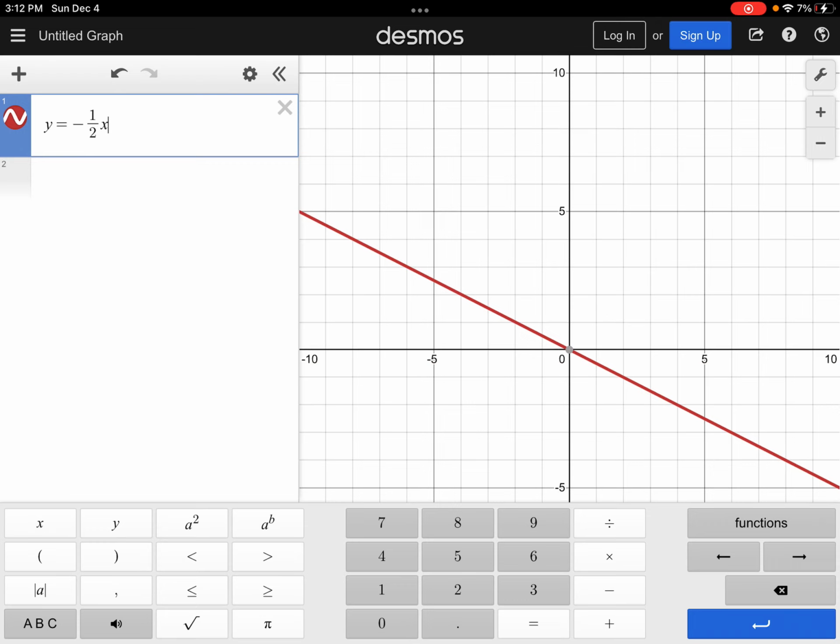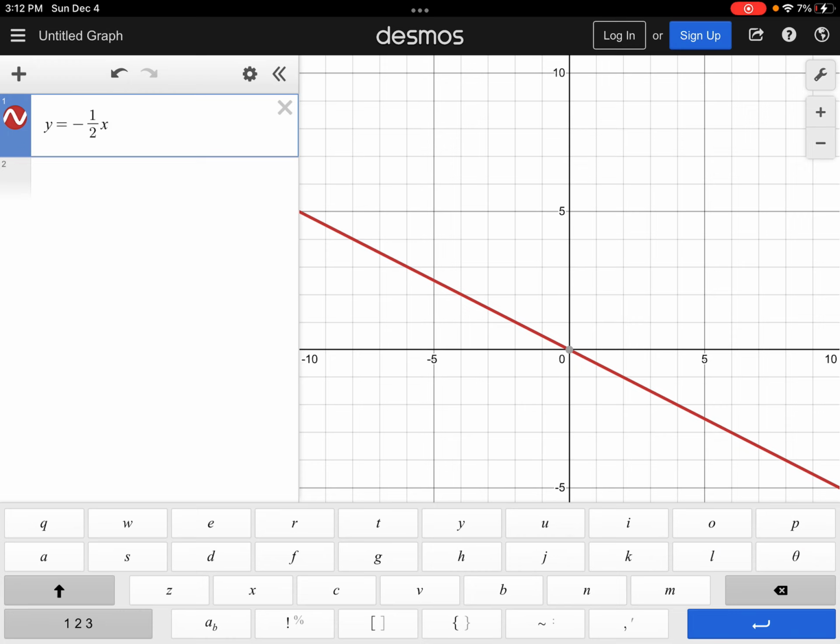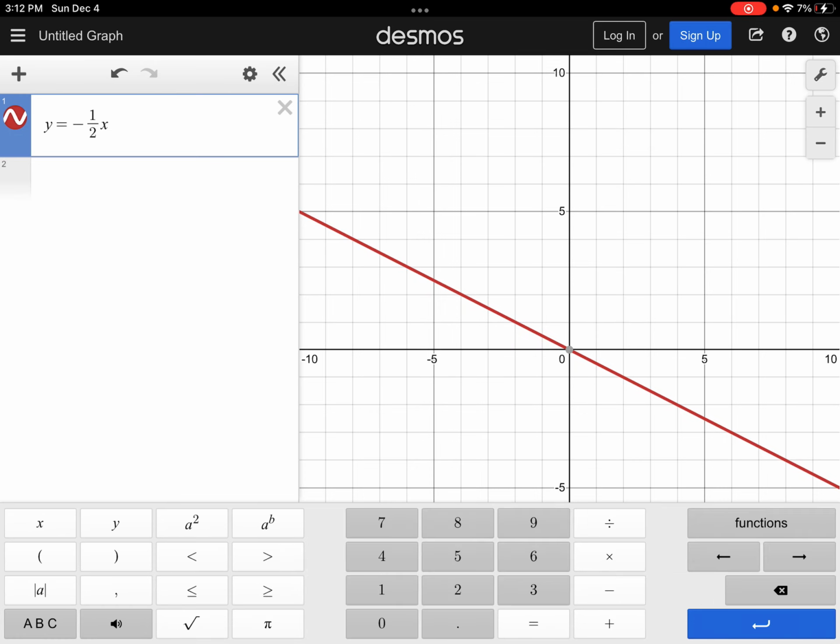x to the fourth. Where do I get my fourth power here? I don't have the full keyboard. I should have been better prepared with this. I guess I'll just overwrite the exponent of 2.